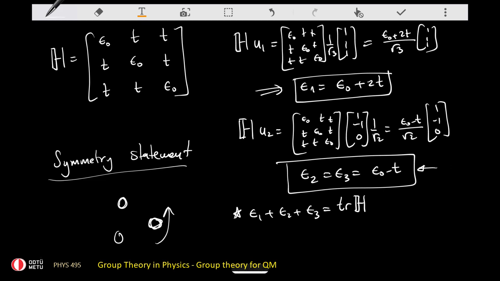Second comment, I have talked about this thing before. Epsilon 0 just shifts all of the energies by the same amount. So we have also seen this. Let's add one more. Let's suppose that t is negative.